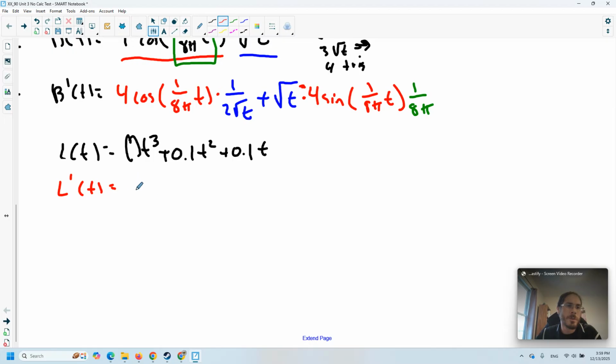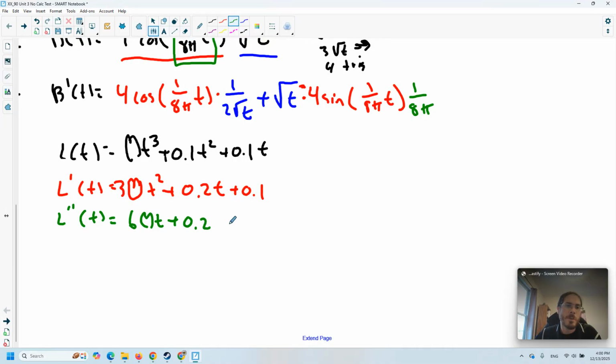So this is going to be heart 3t squared plus 0.02t plus 0.1. Then our second derivative is 6 heart t plus 0.2, and that's going to become 0. And then our third derivative, L3 of t, is just going to become 6 heart.